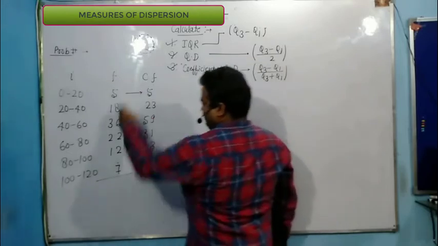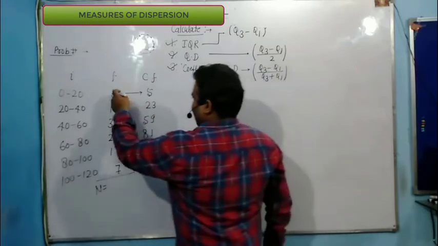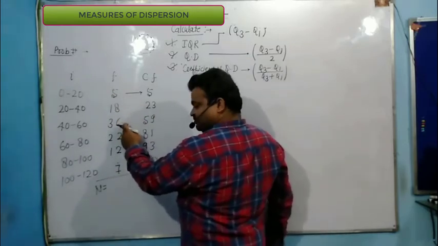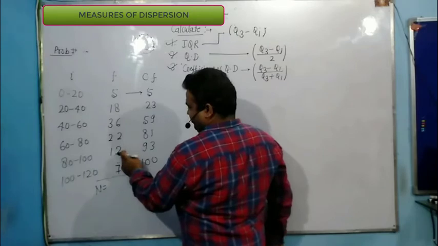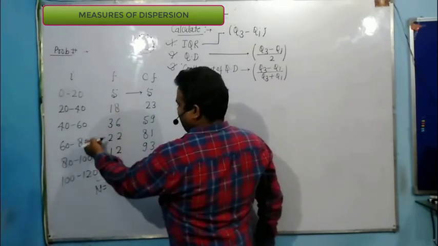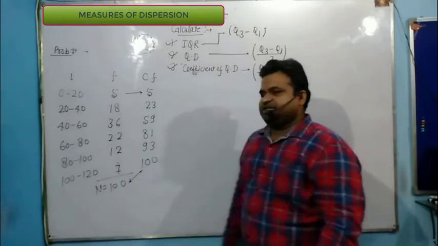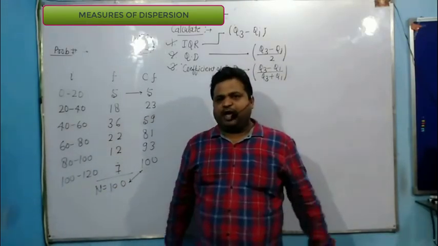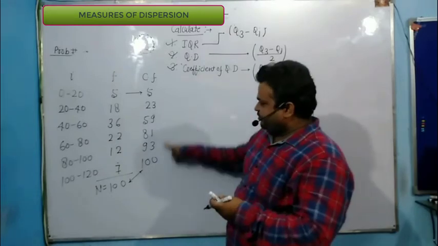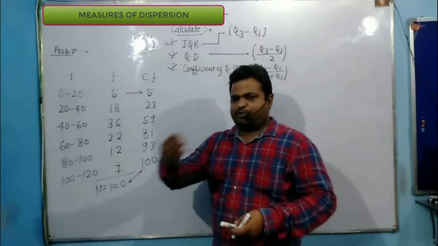Now check whether the summation of all frequencies is equal to 100 or not. 5 plus 8 is 13, plus 6 is 19, 21, 23, and 7 is 30, and so on up to 100. Since both values are correct, there is no mistake from my side. You have to check whether the cumulative frequency value is similar to this, and if it is, then proceed.